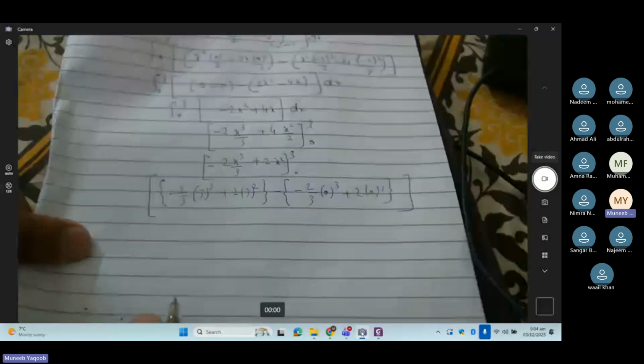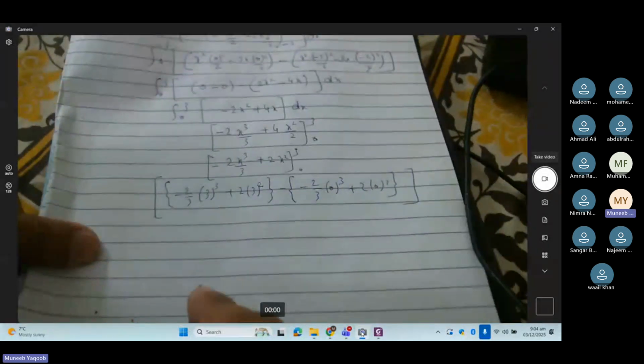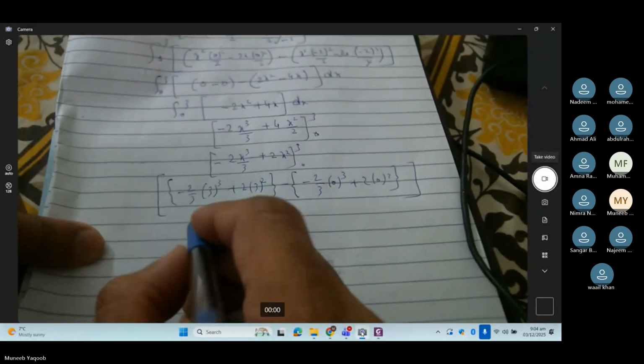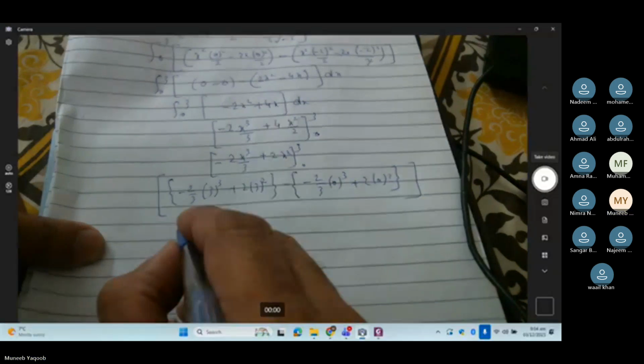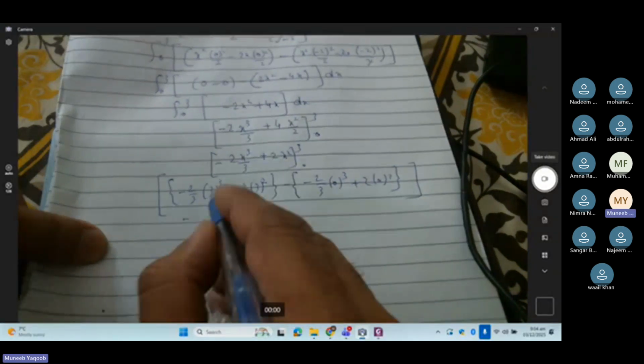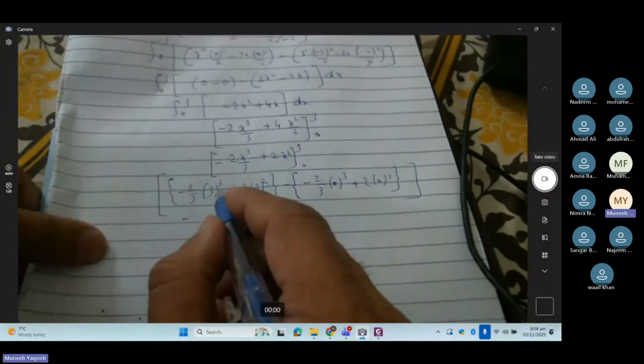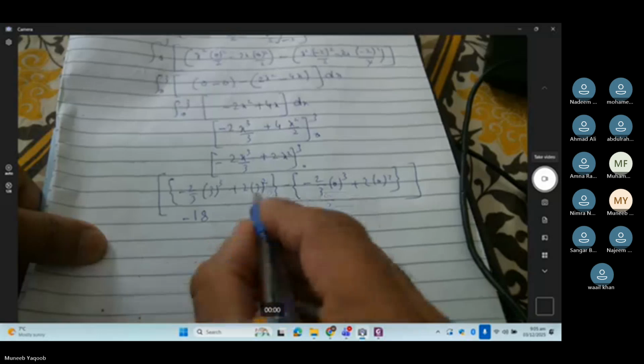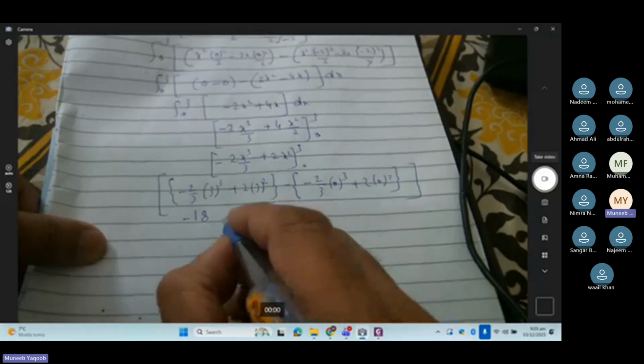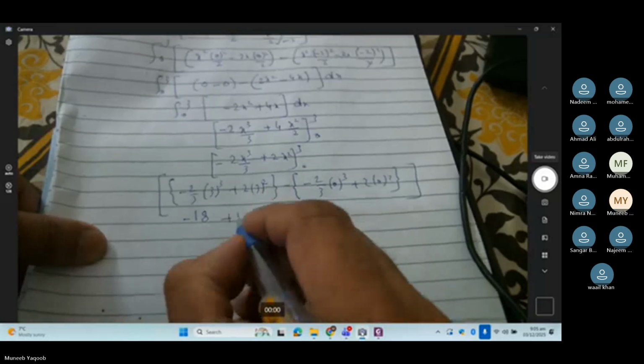Okay. Now minus 2 upon 3 into 27 is minus 18. Similarly, 3 square is 9. So 9 into 2 is plus 18.